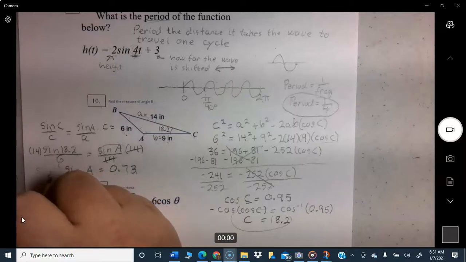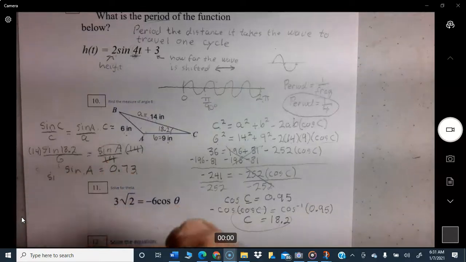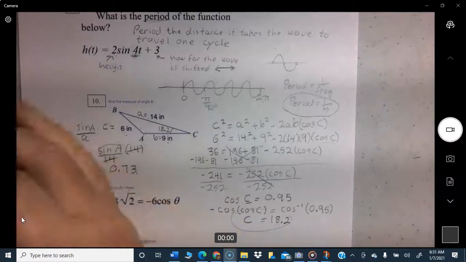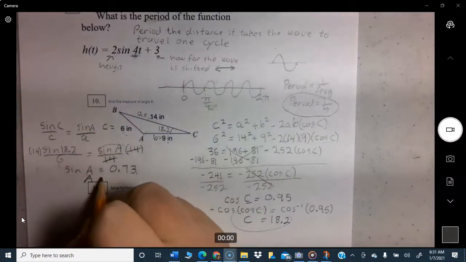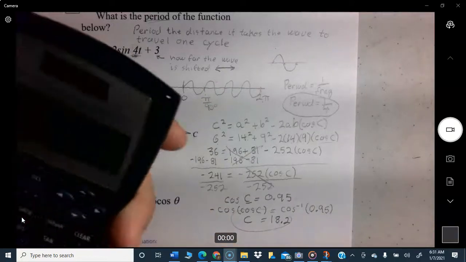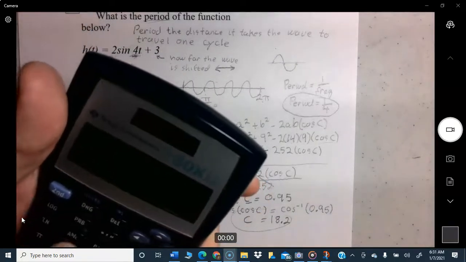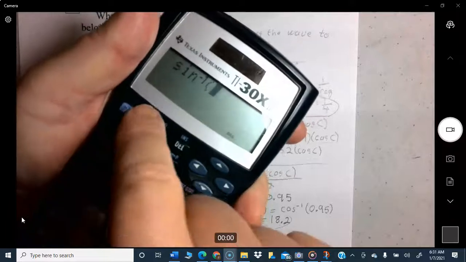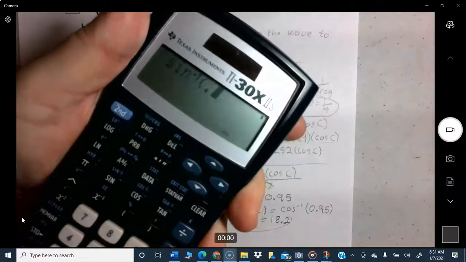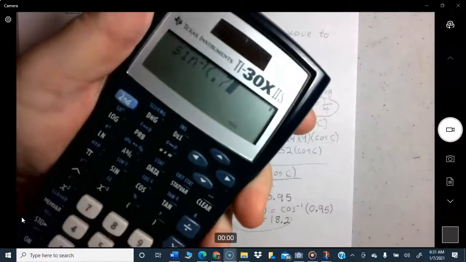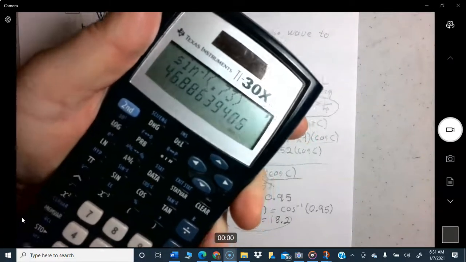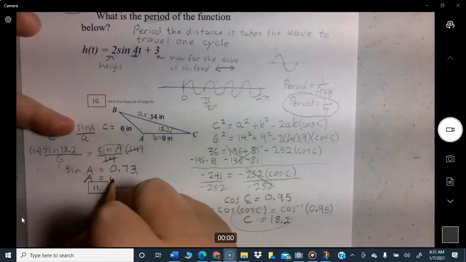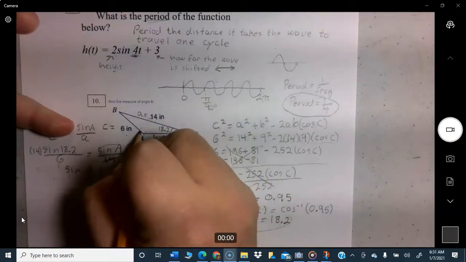So it's going to be inverse sine. Inverse sine of this just makes this A. And inverse sine of 0.73, you're going to do second sine, and that gives you 46.8. Just call it 49. That means angle A here is 49 degrees.